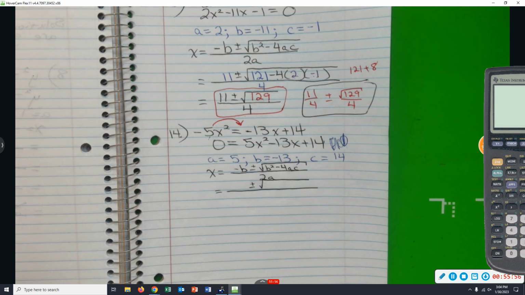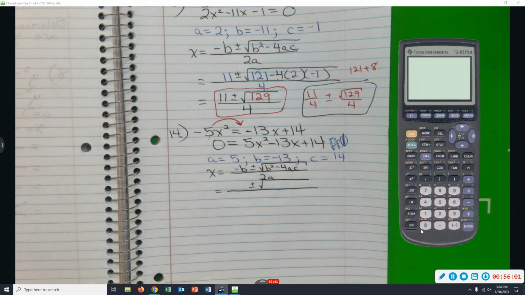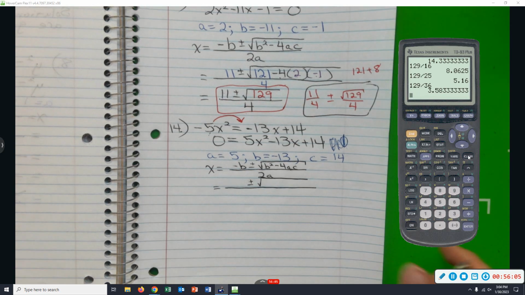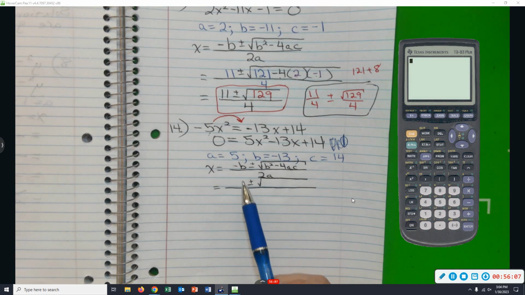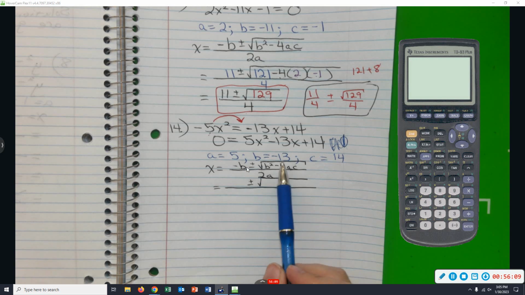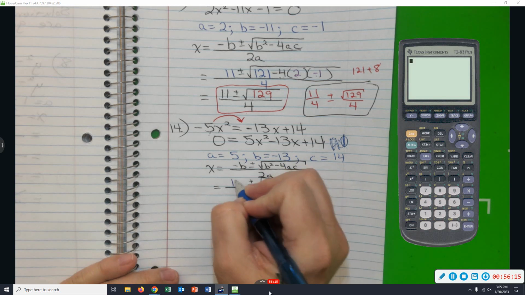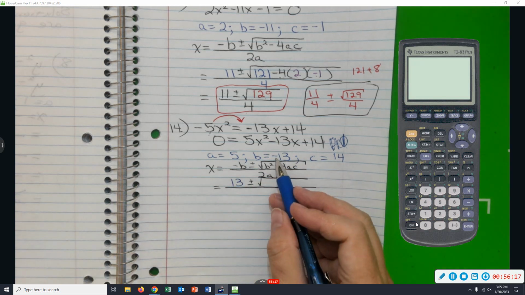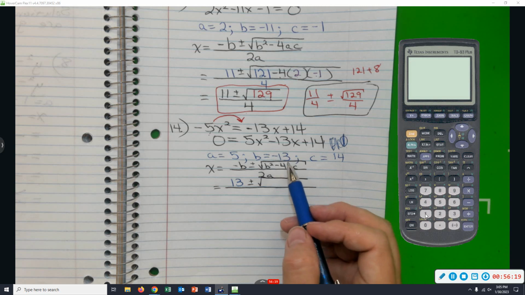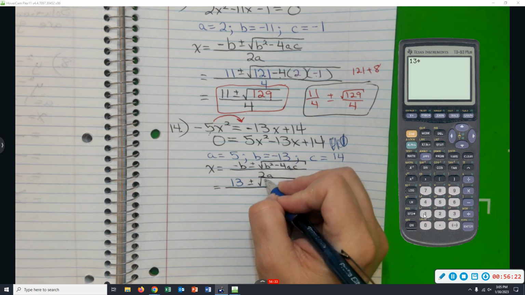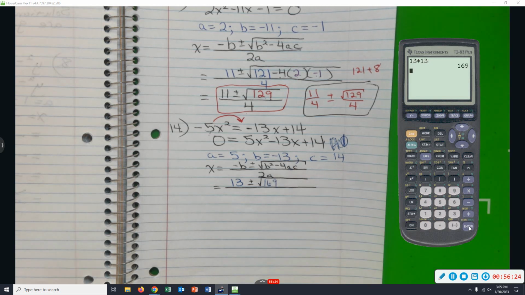Let me move my calculator over here. And I'm going to do B squared on my calculator when you're ready, Paul. Negative B, the opposite of negative 13, is 13. B squared, negative times negative is positive, and 13 times 13 is 169.